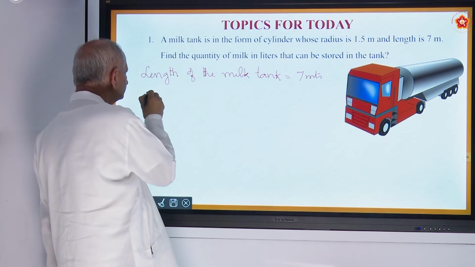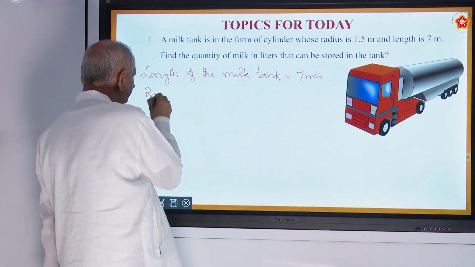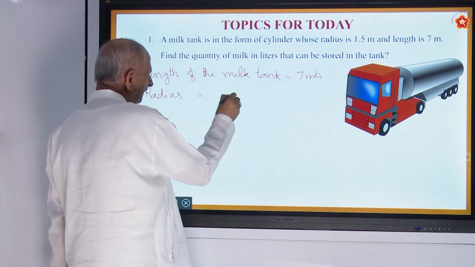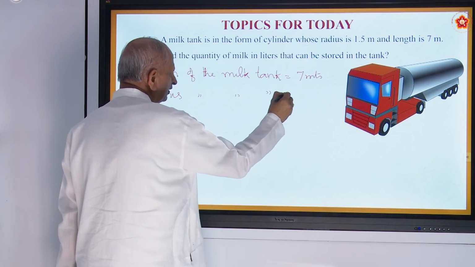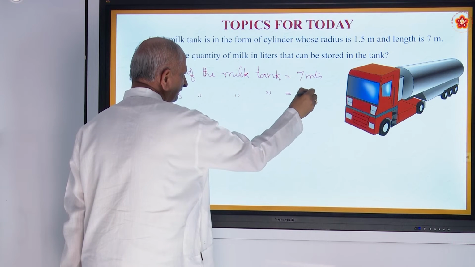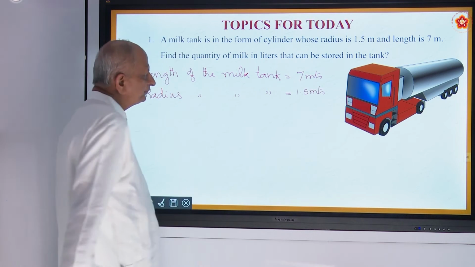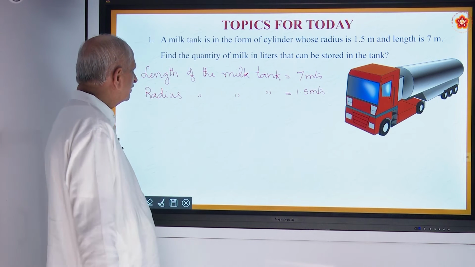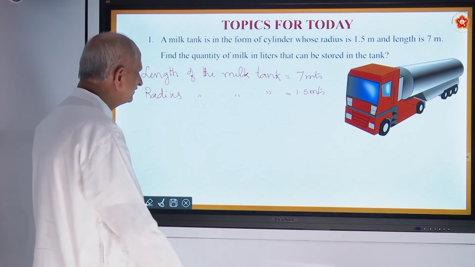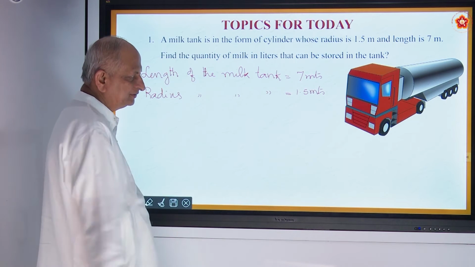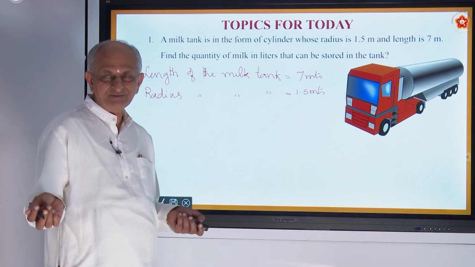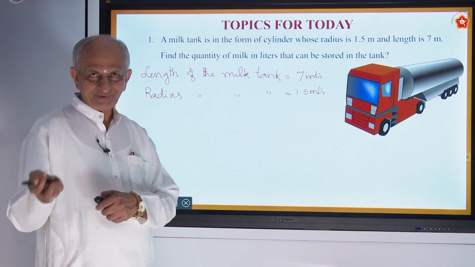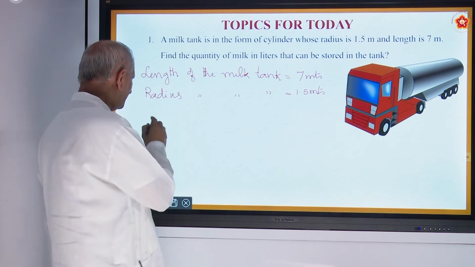You have the radius of the milk tank, 1.5 meters. Quantity of milk in liters that can be stored in the tank. So what do you have to find out? Is it the area or the volume? Let's find out the volume, correct.